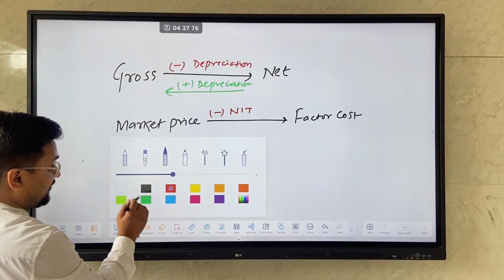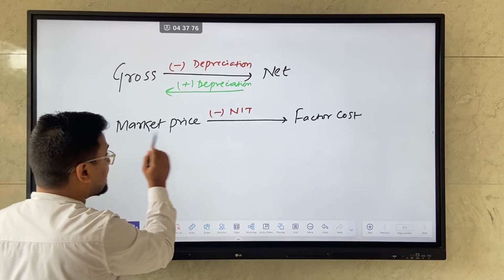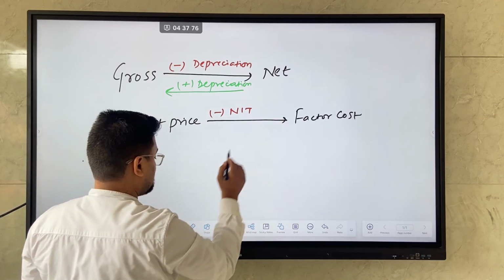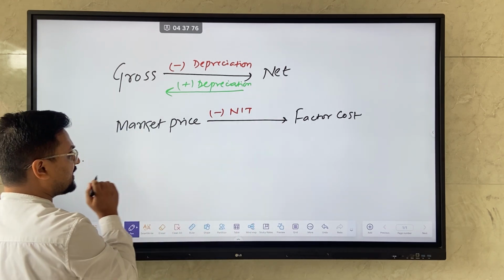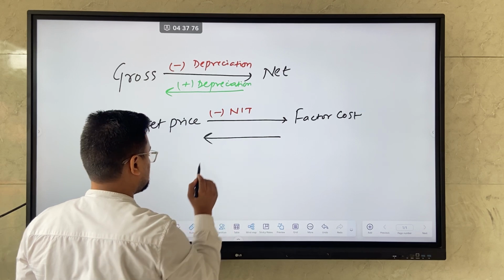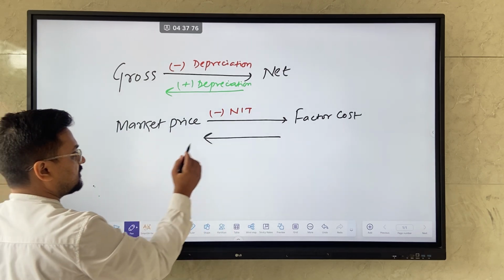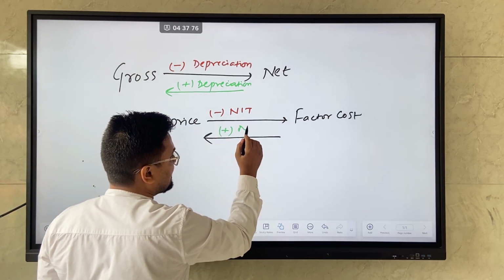But if you are going to get market price from factor cost, we are going to add NIT.